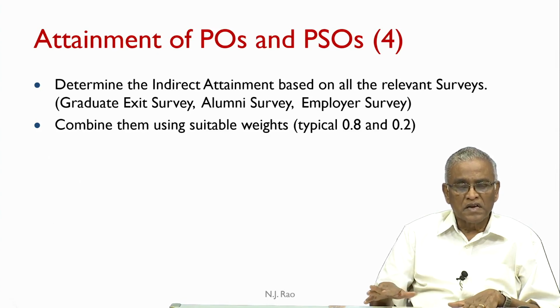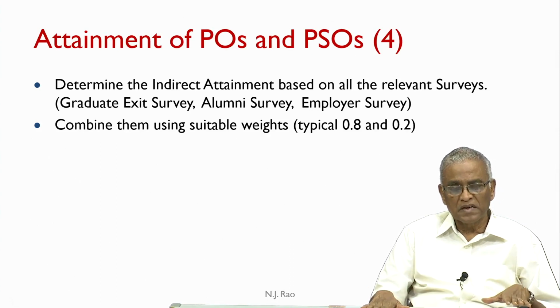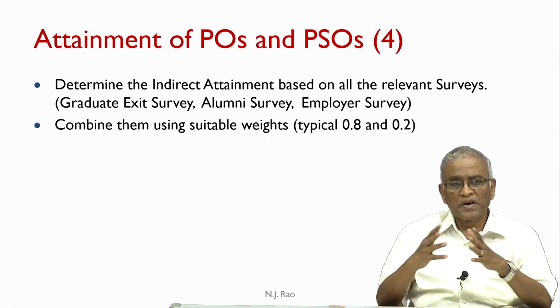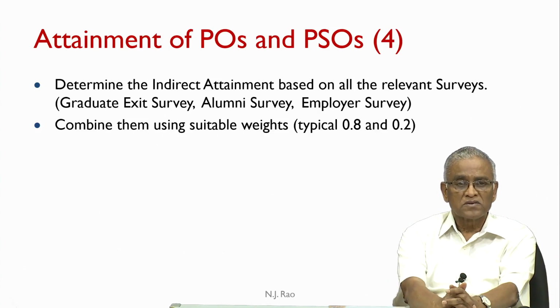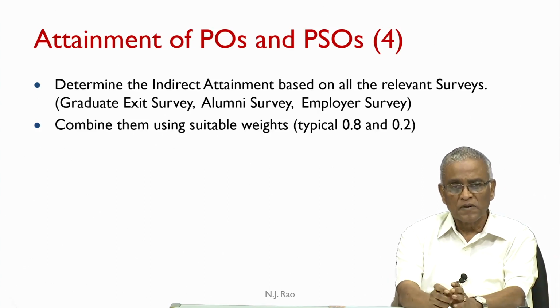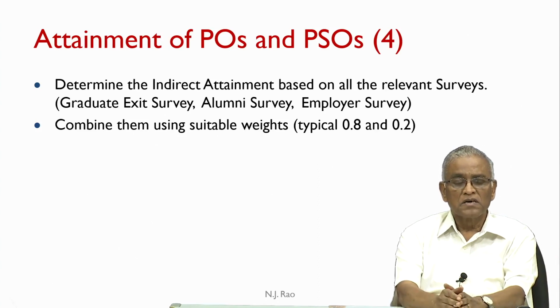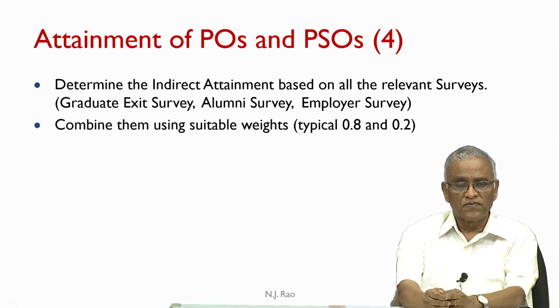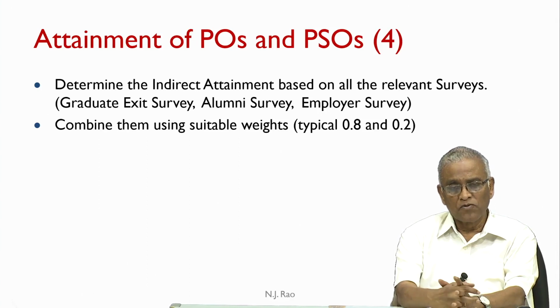And this indirect attainment should be combined with direct attainment. Typically you take 80% weightage for the direct attainment and about 20% weightage for this, and combined together you produce the final picture of the PO PSO attainment.